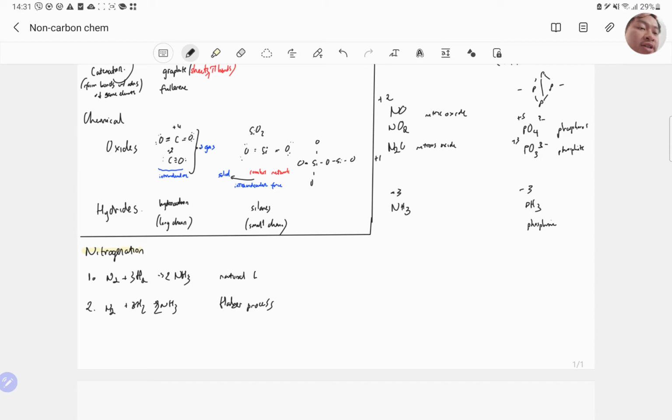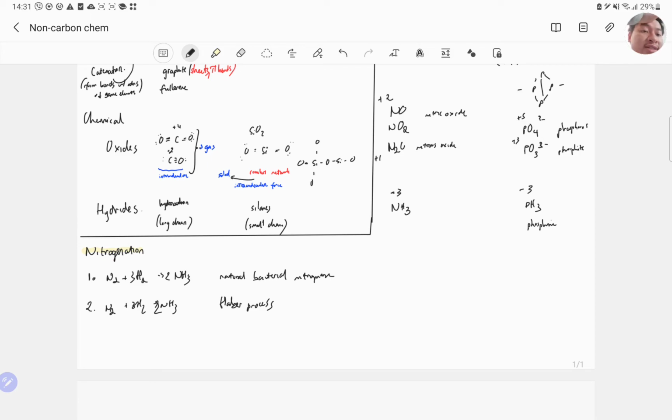So that is bacterial nitrogenase. Now you need high pressure, high temperature, and a catalyst for the Haber process. I think we learned that in high school, so I think we can just skip through that.